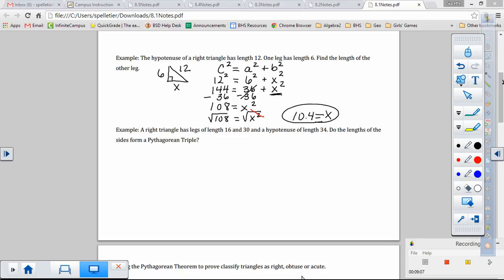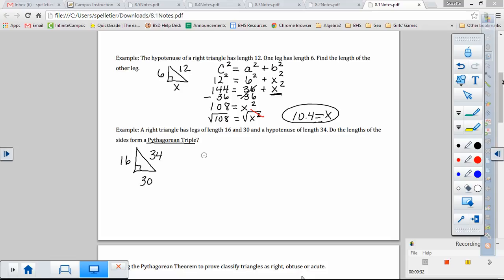And then the last example, we have a right triangle. It has legs of 16 and 30 and a hypotenuse of 34. Do the lengths of the sides form a Pythagorean triple? So remember, the definition of the Pythagorean triple said that the three numbers given to you would satisfy the equation.